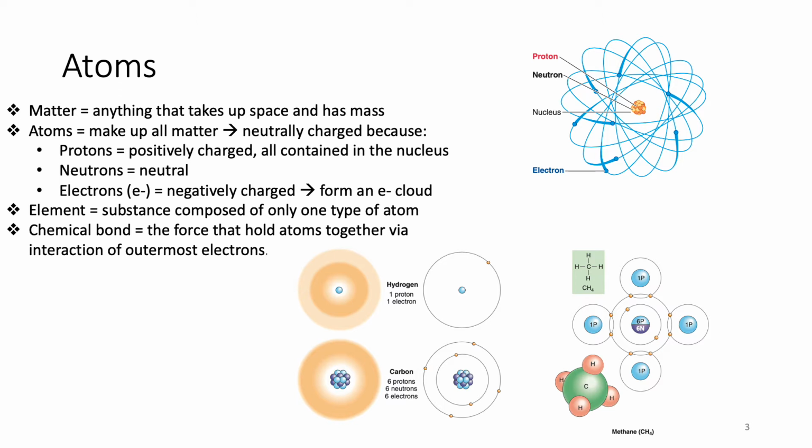This shell can hold up to 2 electrons, and there is still a spot for another electron to fill. In contrast, the carbon here has 6 electrons. 2 of those electrons occupy the first shell, and the other 4 occupy the second shell. This means the second shell is short 4 electrons to completely fill it.